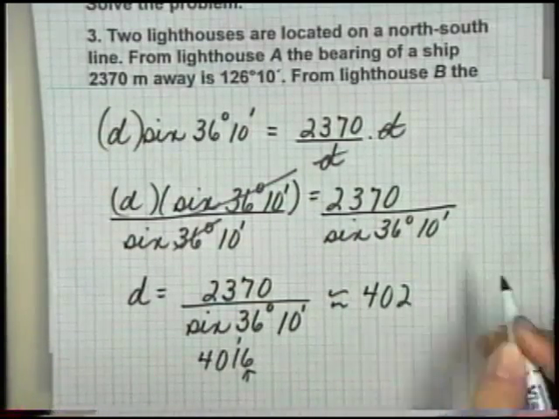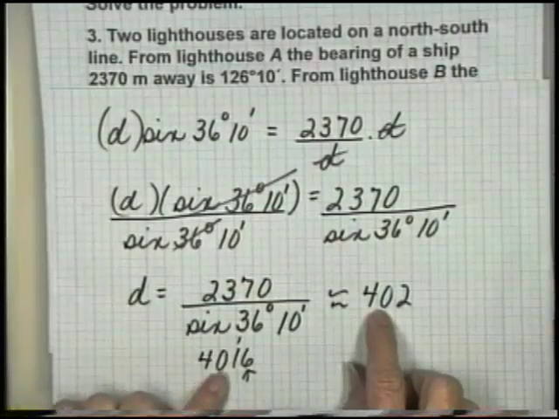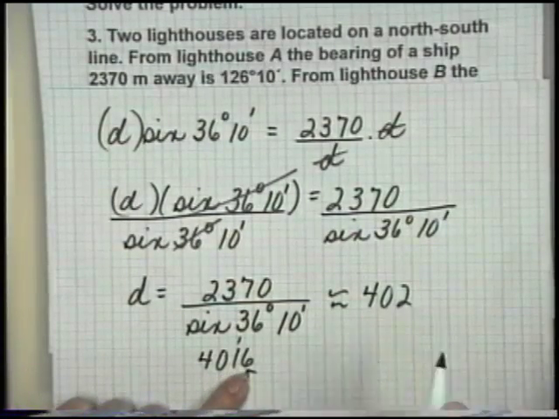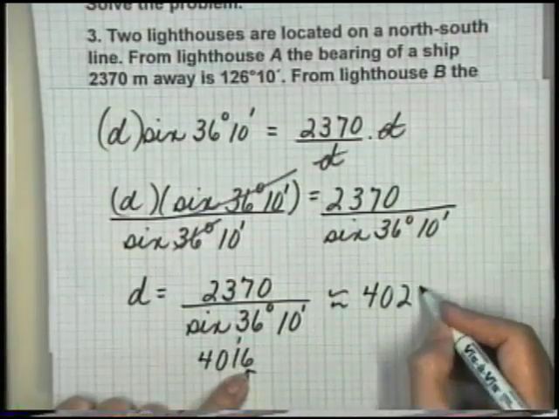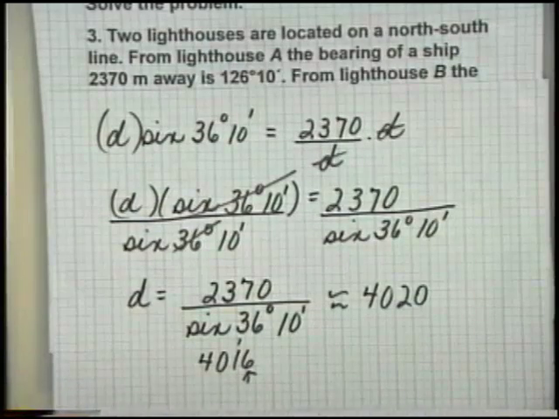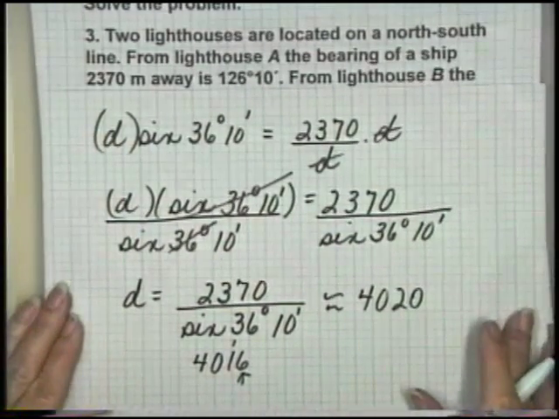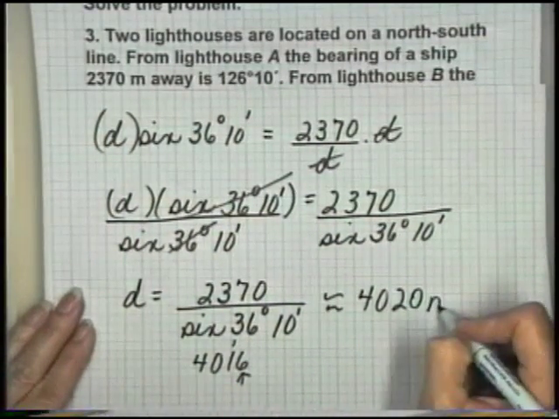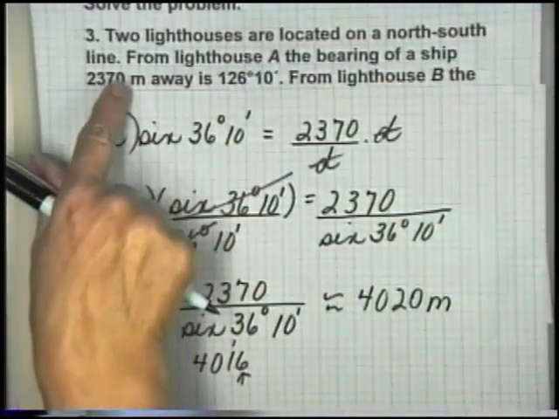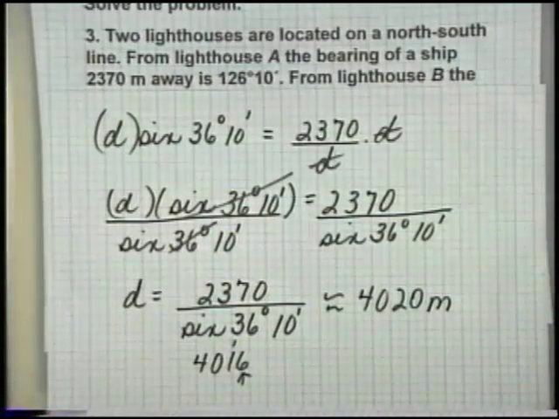So I'll have 4,000. I'll write the 0 in the hundreds, a 2 in the tens, and of course 0 in the ones place. So rounded to 3 significant digits, this answer is 4,020, and this would be meters because the 2,370 is meters.